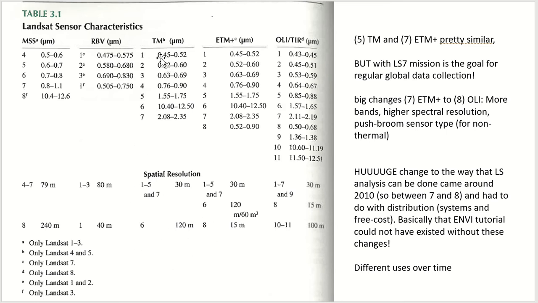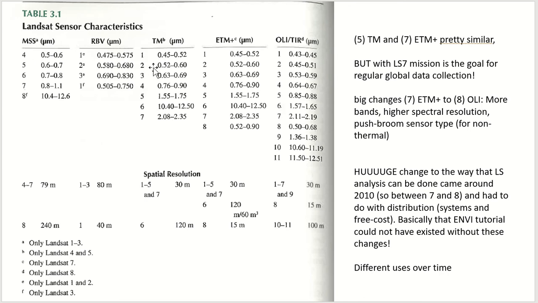The other change is spectral. It relates to a dimension of the energy, but it's not the number of bands, it's the width. And so you see here band 1, called the blue band, is looking between 0.45 micrometers and 0.52. So that's a range of 0.07, which is narrower than the 0.1 micrometer that band 4 in the MSS was looking at.